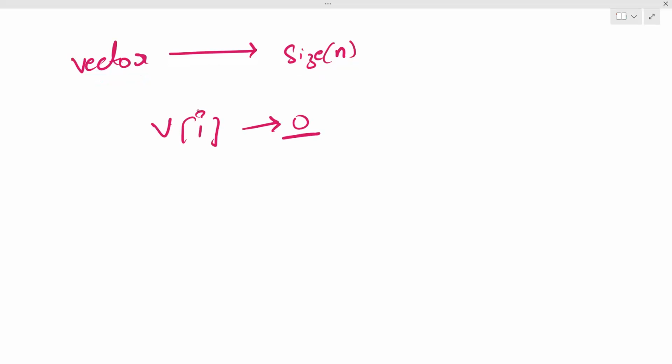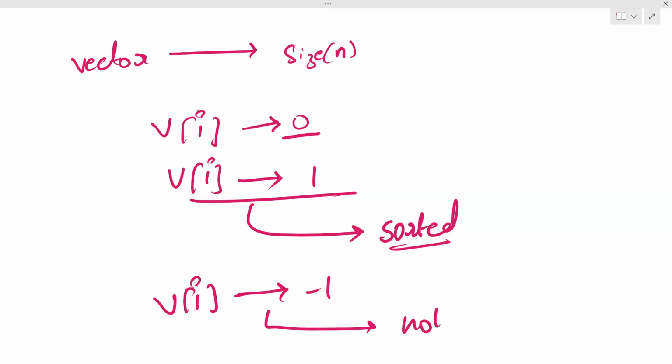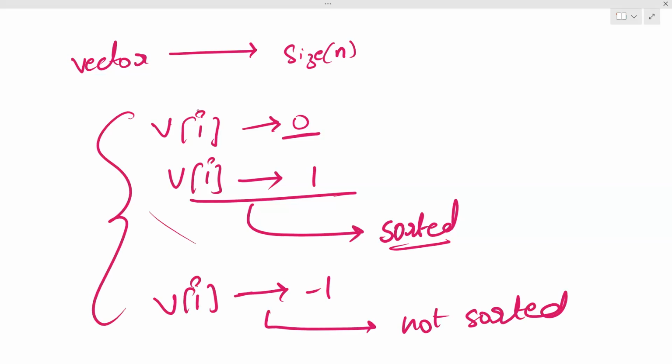I cannot say anything with 100% surety. But if I find that v of I is 1, then the array is sorted at this point. And if v of I is -1, then I can surely say that the array is not sorted at this point. So first of all, are these three things clear to everyone? You can treat them as nomenclature for this thing.